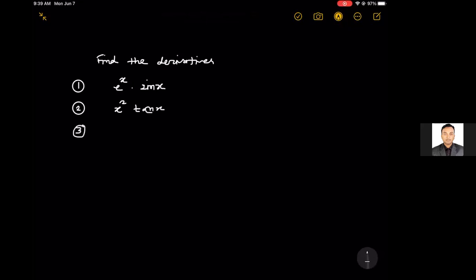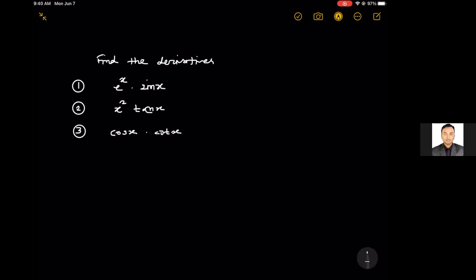And the third one would be slightly difficult, but I think we'll be doing it with ease. Cosine x times, let's say, cotangent of x. Okay, so I want you guys to do this problem.